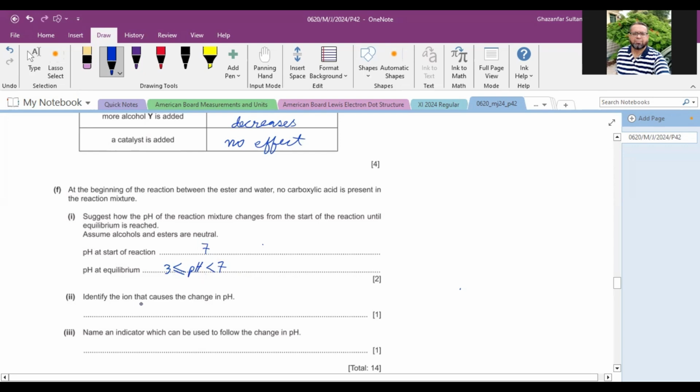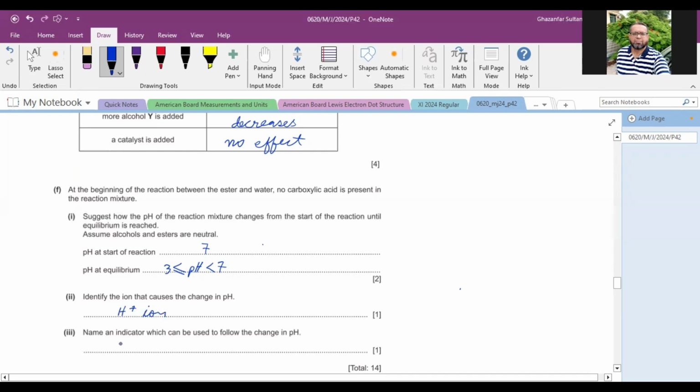Next part is identify the ion that causes the change in pH. So definitely here the ion is only hydrogen ion. Hydrogen ion causes the change in pH. Name the indicator which can be used to follow the change in pH. Remember that we use a number of indicators in acid-base titration, but those indicators do not reflect any change in pH.